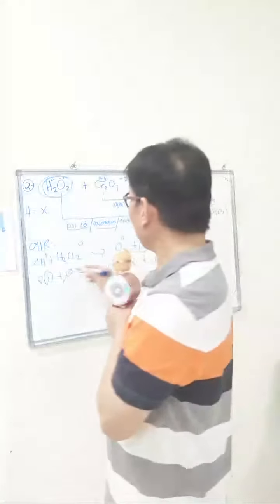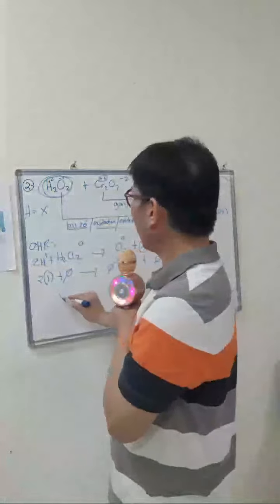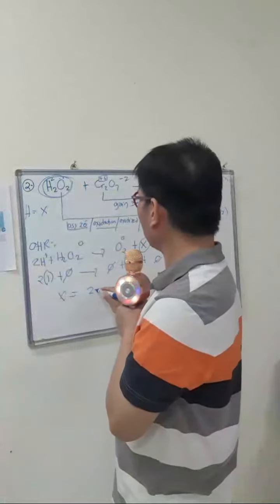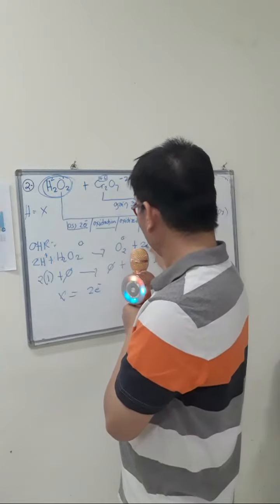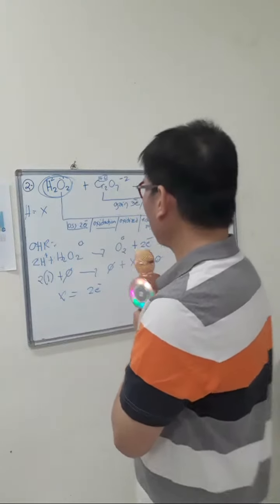Now, 0, 0, 0. So X is equals to 2. Therefore, 2 electrons. Put that in the X. Okay, 2 electrons. Okay, then erase.